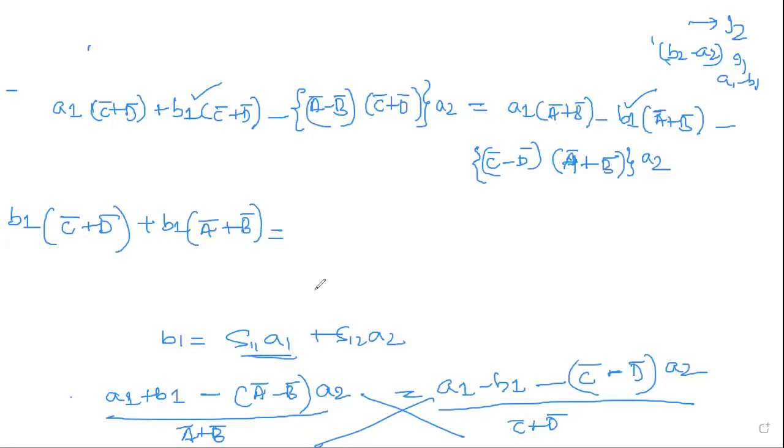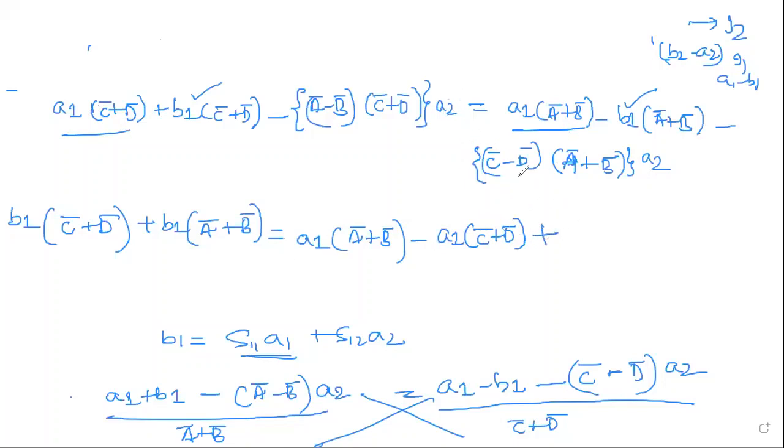We need A1 equations to come here. Now, try to write the A1 equations. A1, you can see it is here. That is A1, A bar plus B bar is one equation. One more equation you have here. Bring this to the left-hand side, which is a minus A1, C bar plus D bar. Now, the one more term we need is A2.